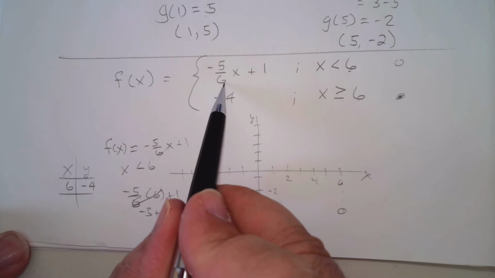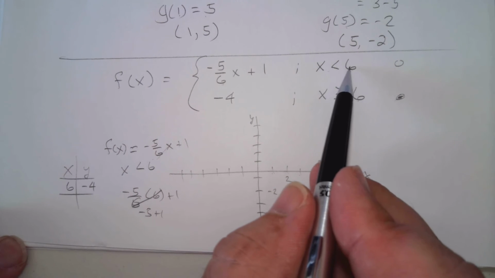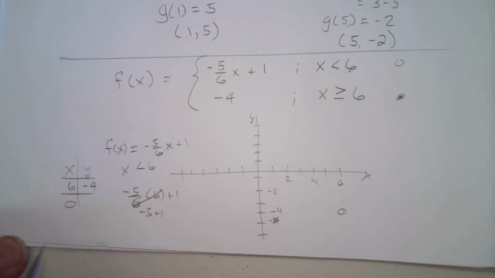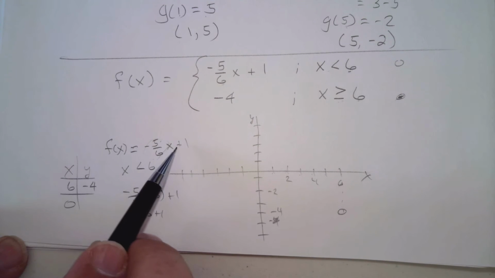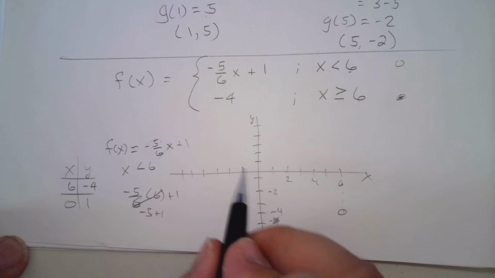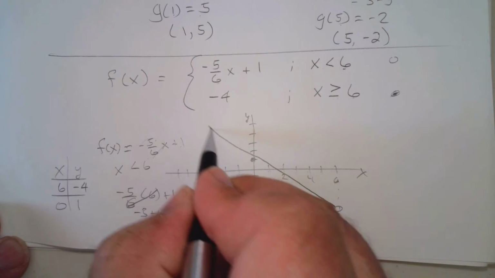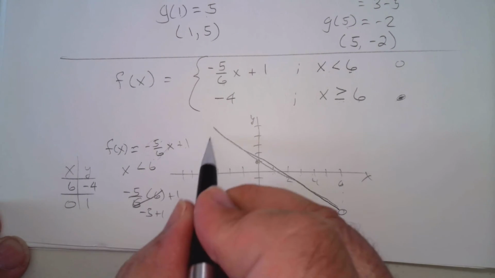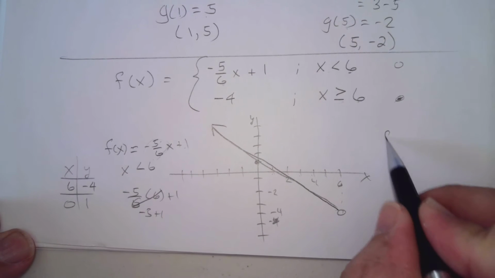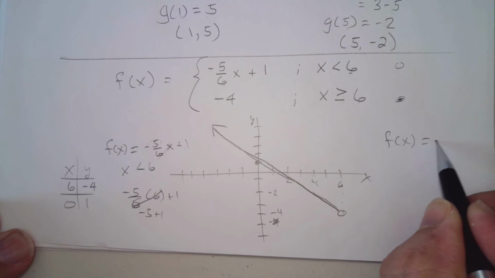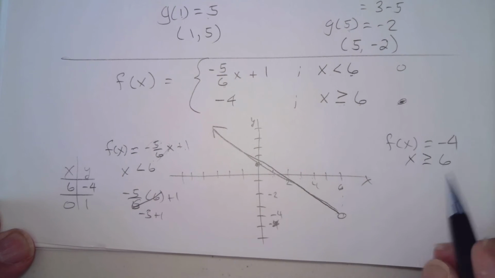Now, since that's a 6 on the bottom, let's use all the multiples of 6. Less than 6. So the next easy number to use is 0. 0 times anything is 0, so equals 1. At 0, it's 1. So we have that part of the graph. Now the second half of the graph equals negative 4 when x is greater than or equal to 6.